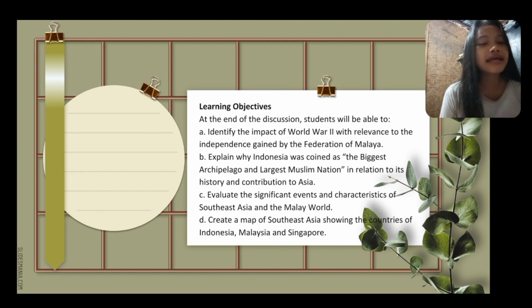B, explain why Indonesia was coined as the biggest archipelago and largest Muslim nation in relation to its history and contribution to Asia. C, evaluate the significant events and characteristics of Southeast Asia and the Malay world. And D, create a map of Southeast Asia showing the countries of Indonesia, Malaysia, and Singapore.